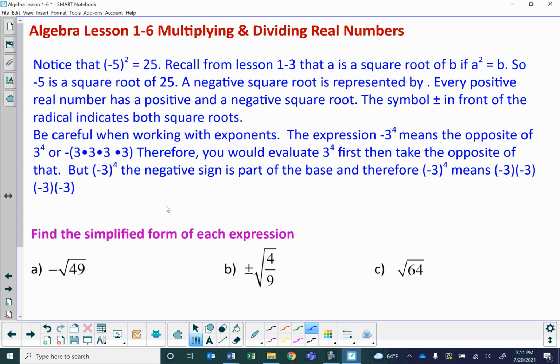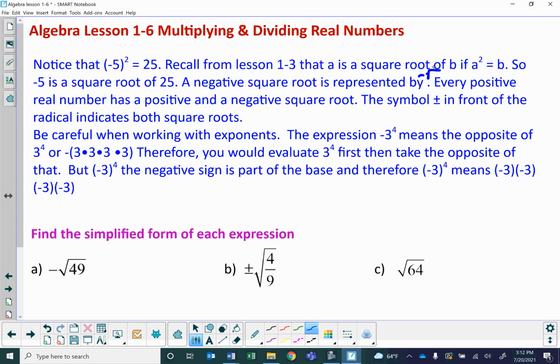A negative square root is represented by a negative square root sign. Every positive real number has a positive and a negative square root. The number plus and minus in front of the radical indicates both square roots.